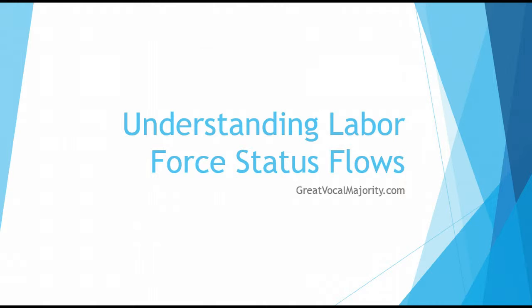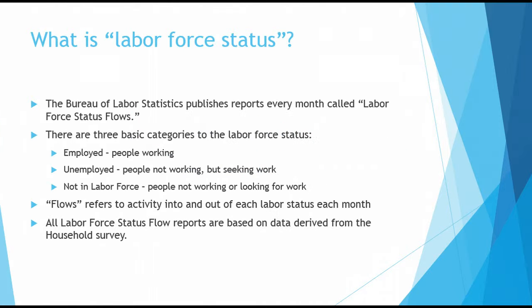So the first thing we'll do is take a look at this chart. What is the labor force status? Well, the Bureau of Labor Statistics every month publishes this report. It comes out after the normal announcement of the unemployment rate. It's called labor force status flows. And there's basically three categories.